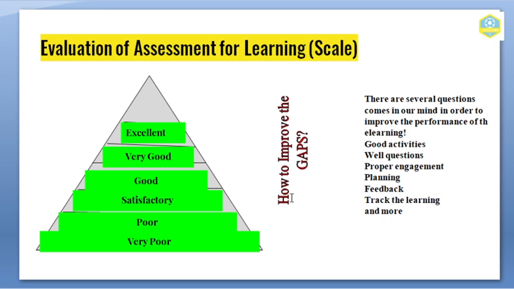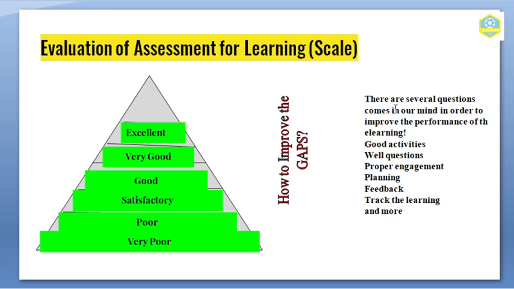But assessment for learning helps to improve the gaps during classroom practices, which impacts attainment, and attainment means at the end of the course. So we can easily improve the students' attainment without waiting for the end of the term or the end of the grade. Okay, so let's see how to improve the gaps.